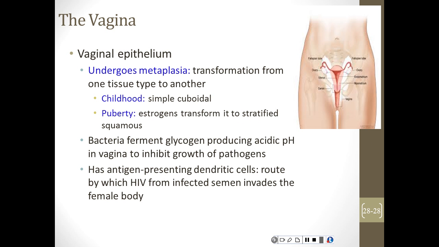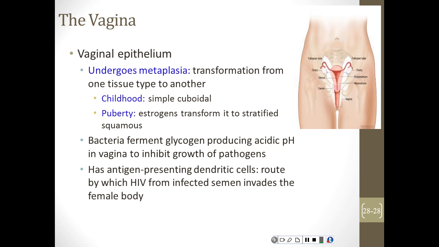Okay. Now the epithelial cells are rich in glycogen, which bacterial flora ferment to lactic acid, producing this low vaginal pH, and this acidity is what is neutralized by the sperm.